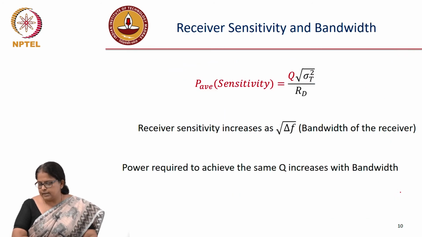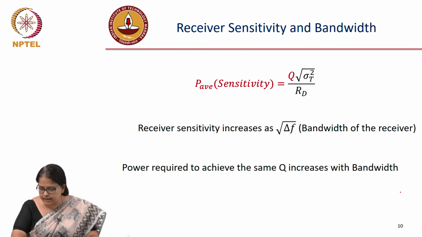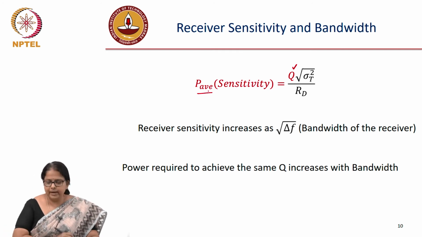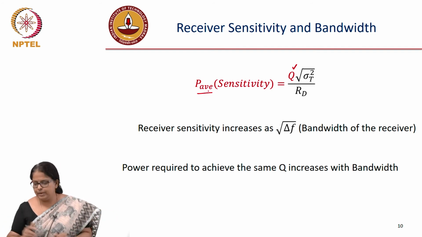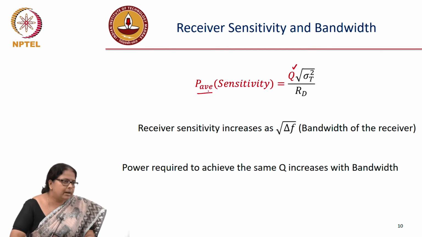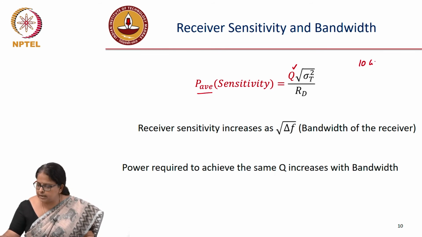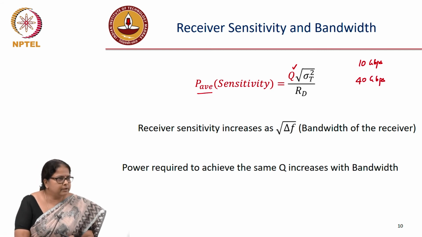Which means that the receiver sensitivity is going to increase as root bandwidth, which means that to get the same Q, the power required for a high bandwidth system is going to be higher. Higher by what? So, let us compare a 10 gigabits per second system and a 40 Gbps system. Can I use the same receiver for 10 Gbps and 40 Gbps system?